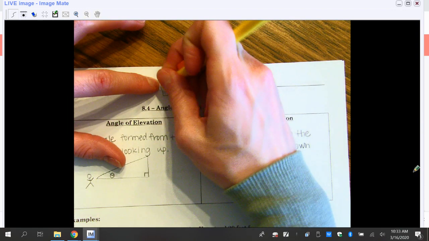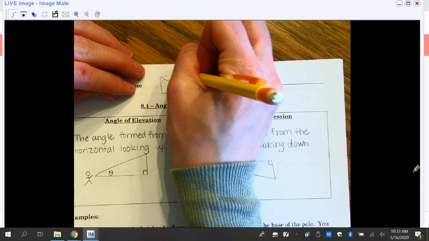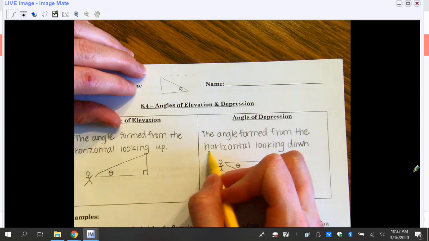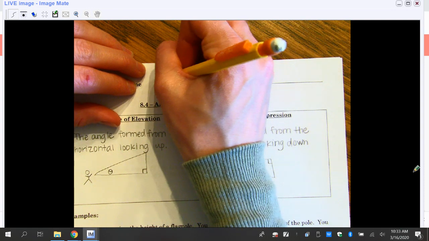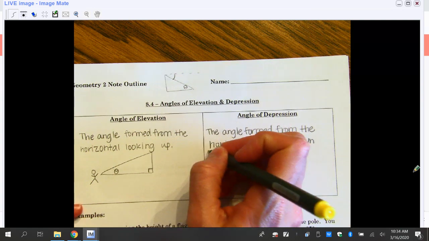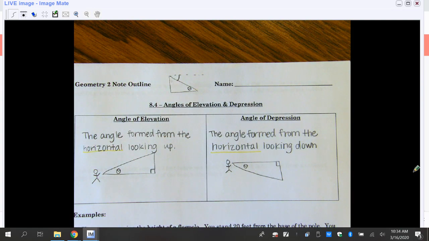So if you're going to be drawing your right triangles like this, you need to make sure that you extend that top part out so that you can get that horizontal, and then looking down right here would be your angle of depression. So again, it's always between the horizontal, either looking up or down.